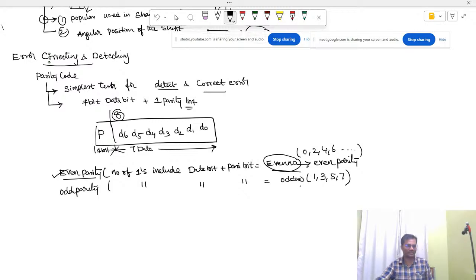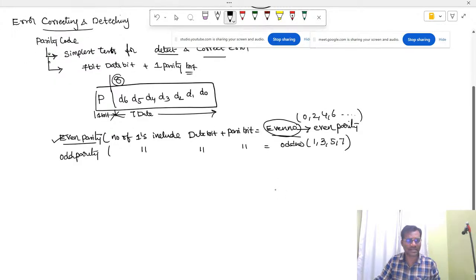Then we can say whether it is an even parity bit or odd parity bit.